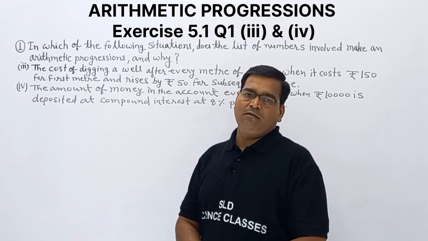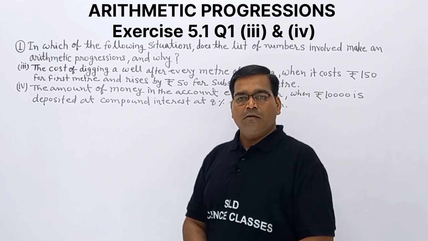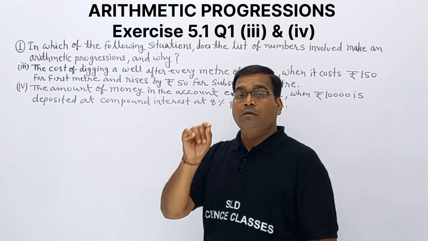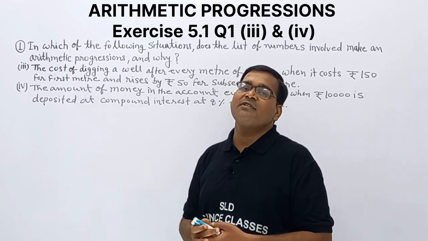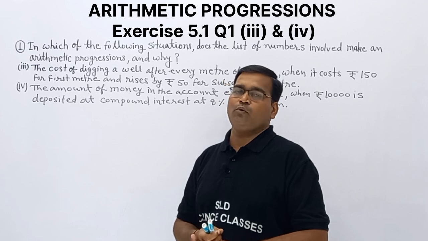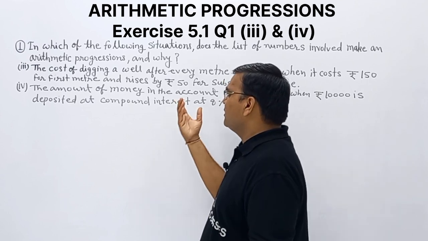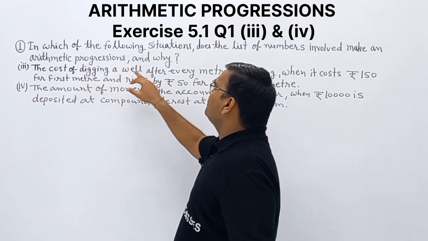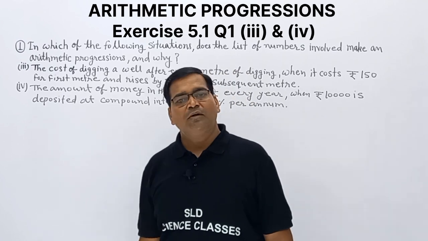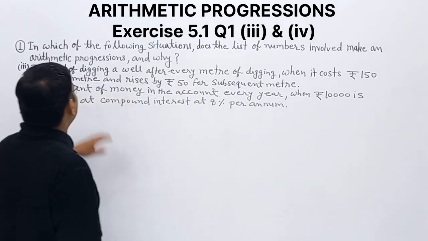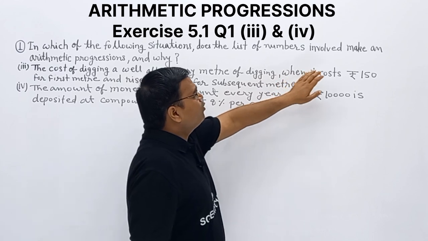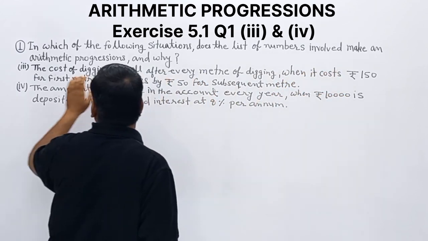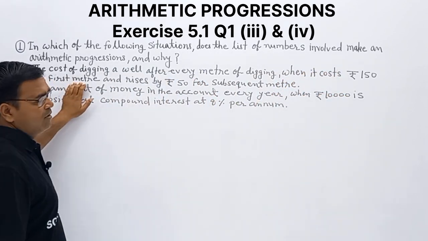First we will make a list of numbers, a sequence. Then we will check whether the given sequence is an AP or not. So observe carefully, simple question. The cost of digging a well after every meter of digging, when it costs rupees 150 for the first meter.